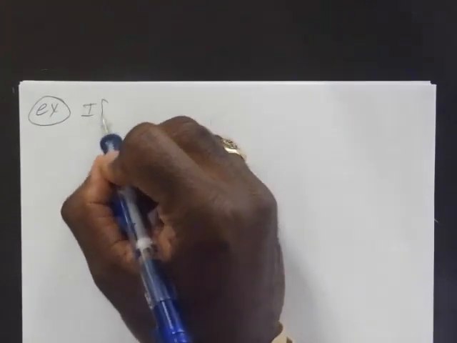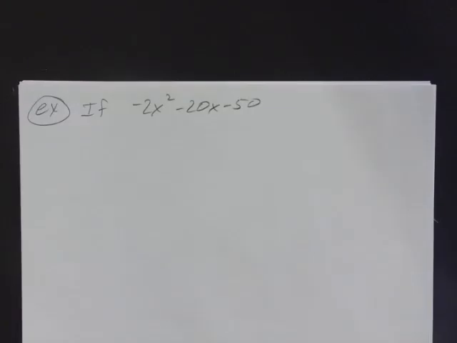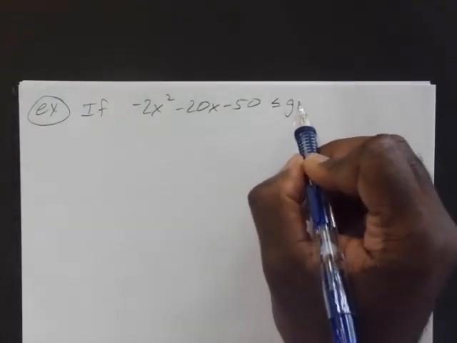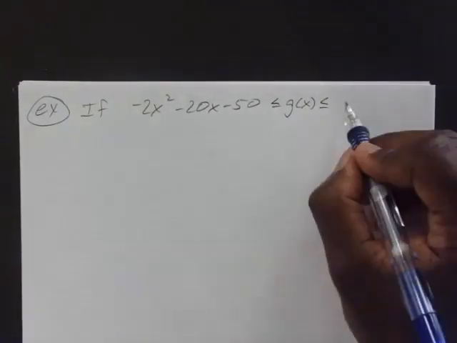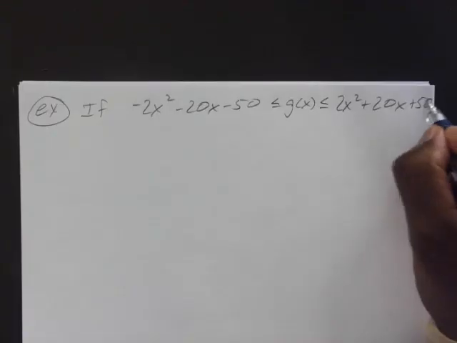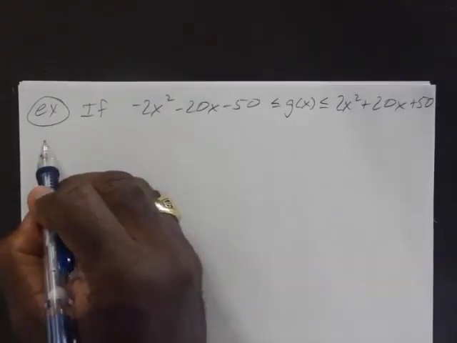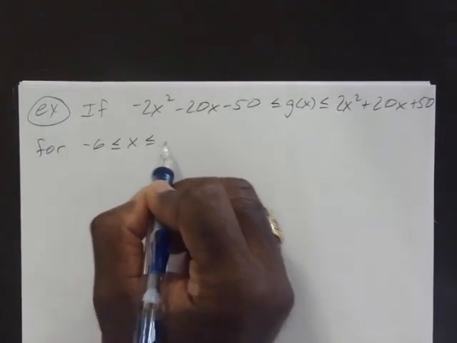All right, so let's say, for example, we have negative 2x squared minus 20x minus 50 is less than or equal to some function g of x, and it's less than or equal to 2x squared plus 20x plus 50 for the interval from -6 to -4.